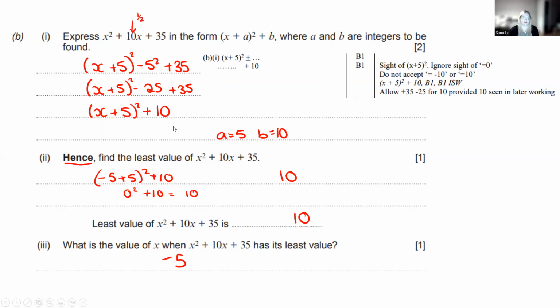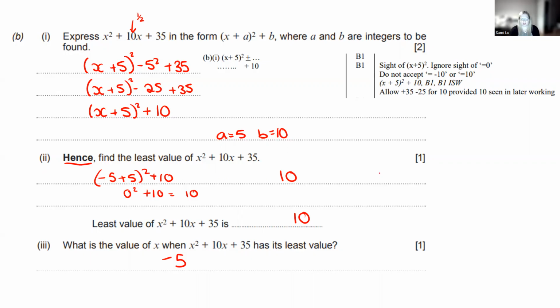So down by here, where I've got my plus 10, I've got my second mark. Okay, and it does also say allow for plus 35 minus 25 if 10 is seen in like a working. So obviously I've shown all my workings there, but it does definitely say here, do not accept -10 equals -10, because there's no equals in this top bit. Whereas if it had an equal sign, that would be different.